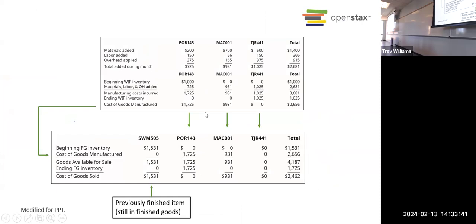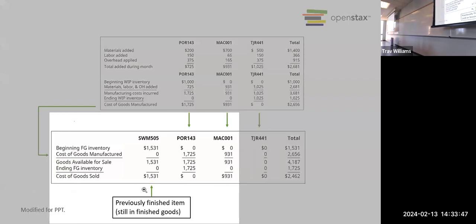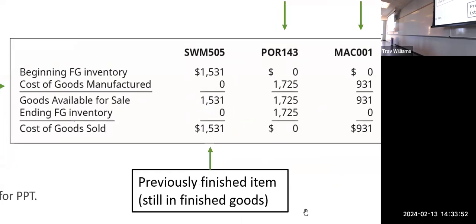All right, so what we see on top is the slide that we just saw. So let's zoom into this bottom part here. Oh, they're adding a fourth product as well. Let's start with this new product. This one here. Beginning finished goods inventory is $1,531.